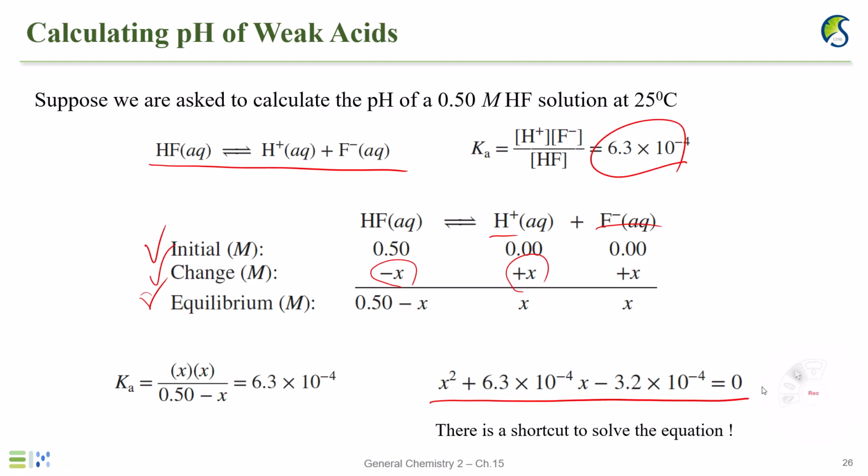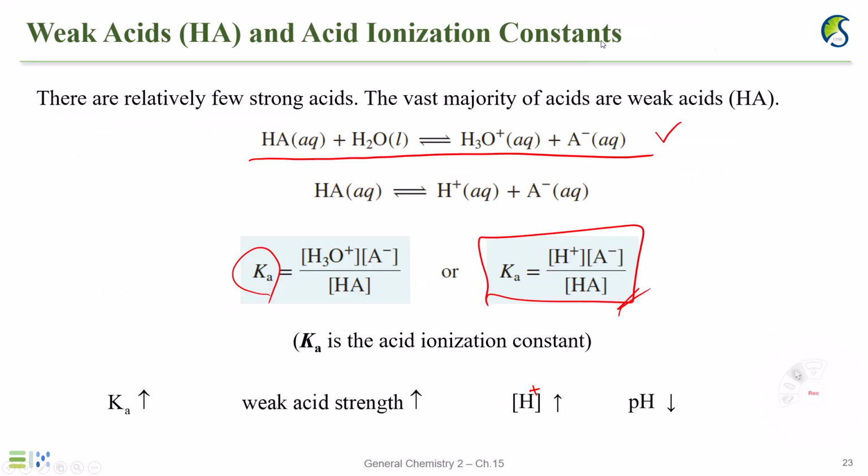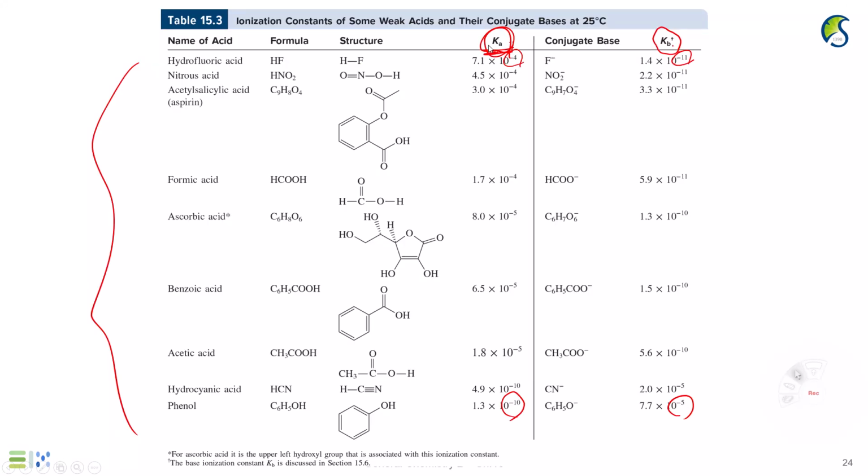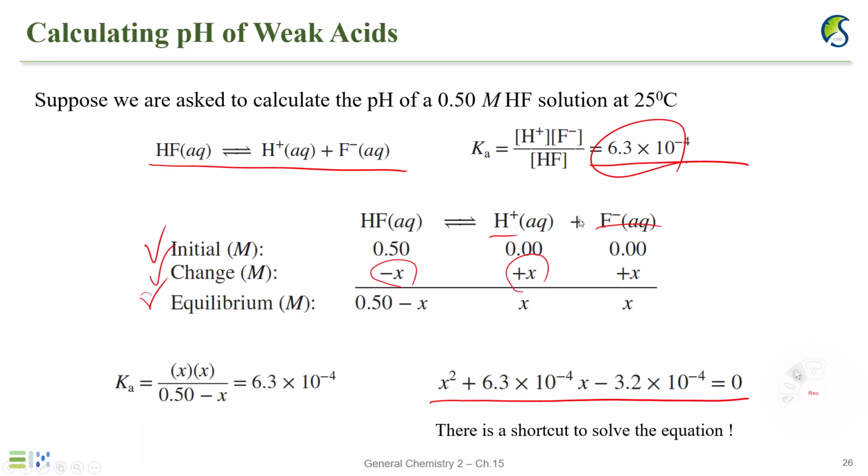Because the Ka value in most cases of weak acids is very, very small, right? If you go back to the table here, most weak acids have a very small Ka, which means that the x here, the portion of ionized species, will be very, very small.